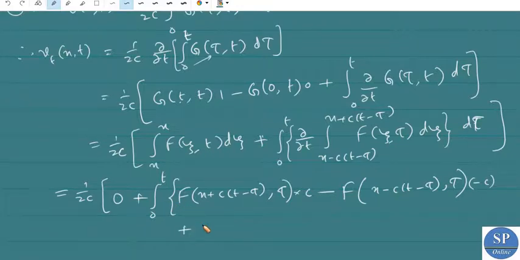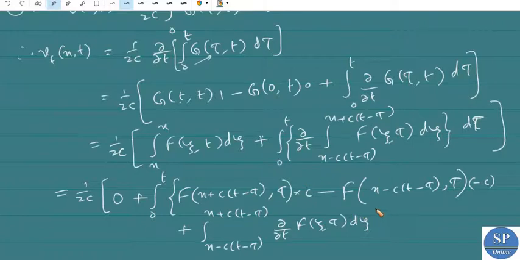then plus the integral from x minus c into t minus tau to x plus c into t minus tau of dou by dou t of this. Okay, that is dou by dou t of f of zeta comma tau d zeta, into d tau.